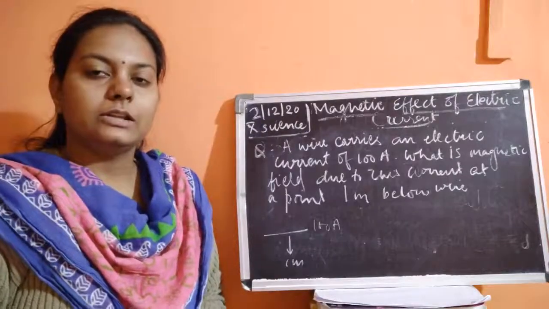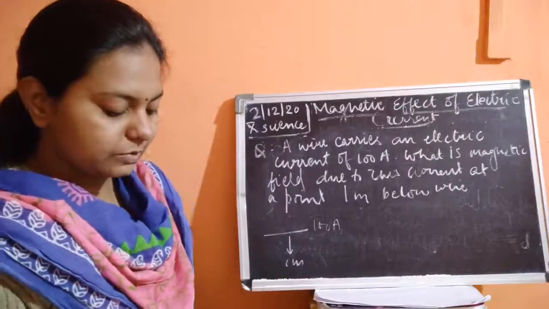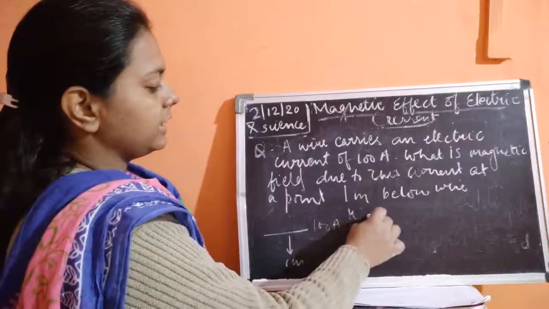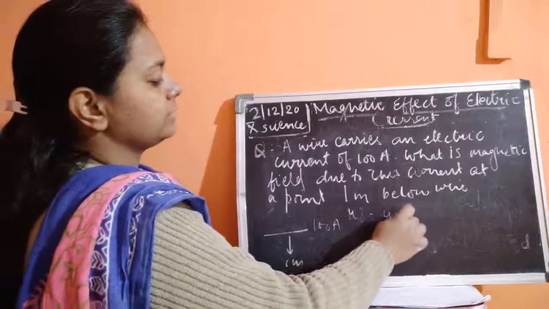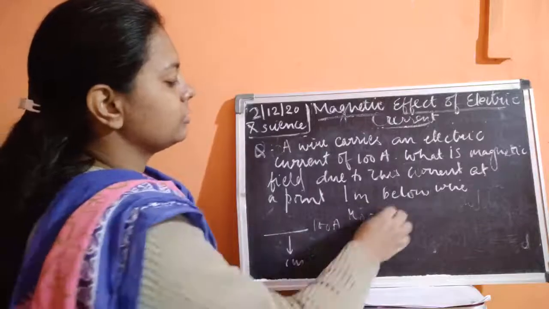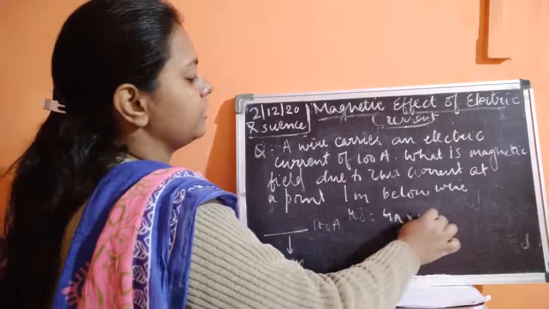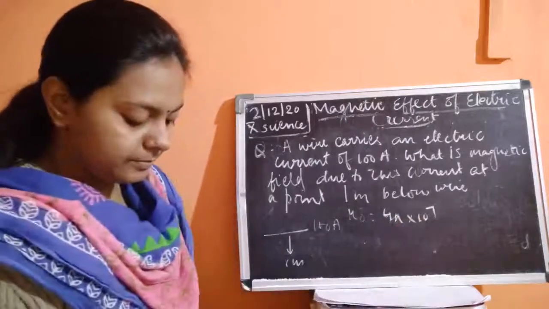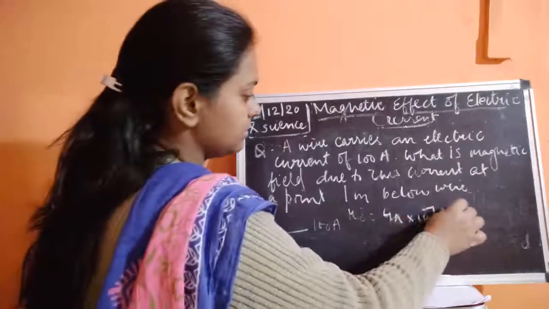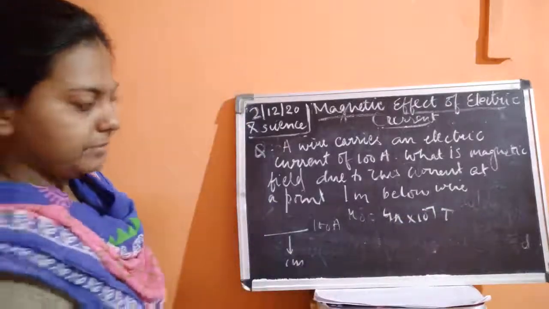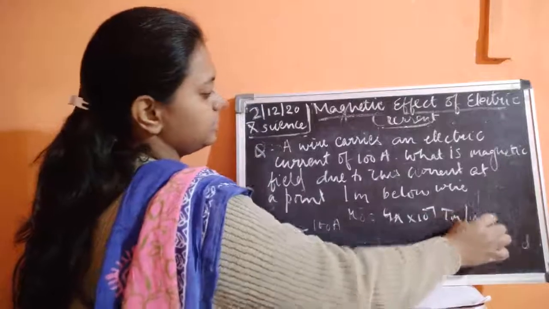Okay, and this question is going to give you mu naught equal to 4 pi into 10 to the power minus 7 Tesla meter per ampere.